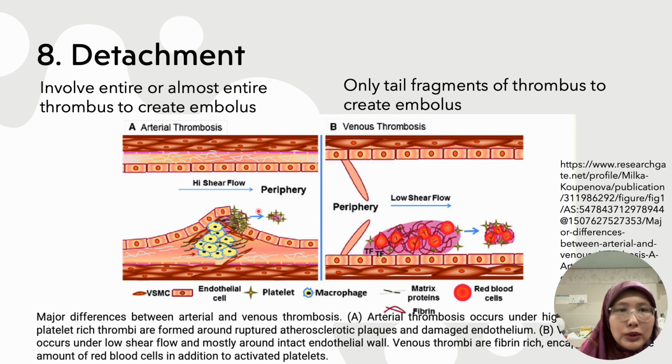Because of the high shear flow, almost the entire thrombus will embolize to another place. While venous thrombosis occurs in low shear flow, so mostly around an intact endothelium wall. Venous thrombi are fibrin rich, encapsulating red blood cells, and only a tail fragment of the thrombus creates the embolus.